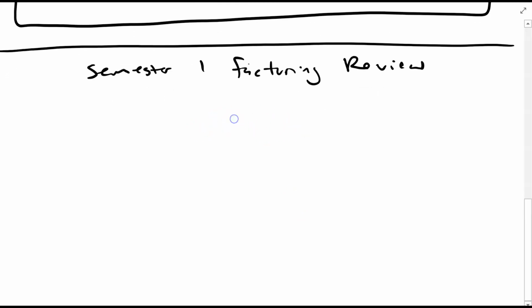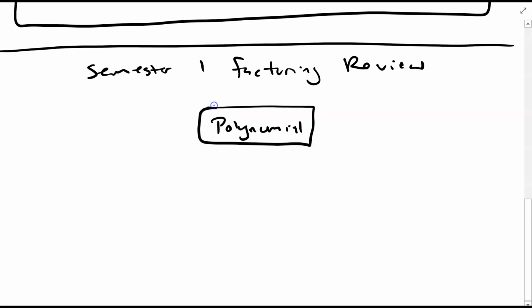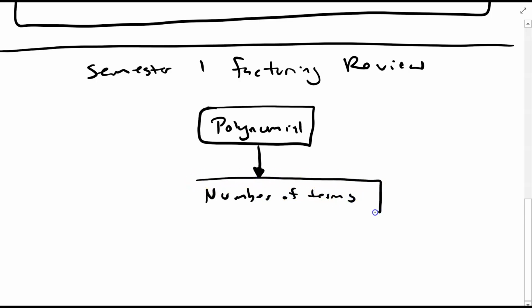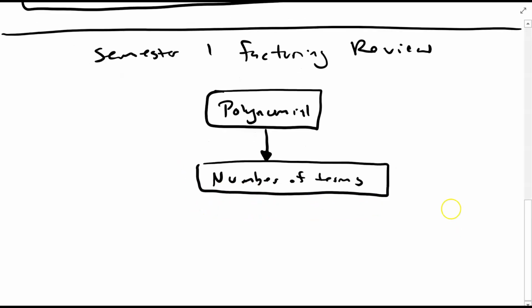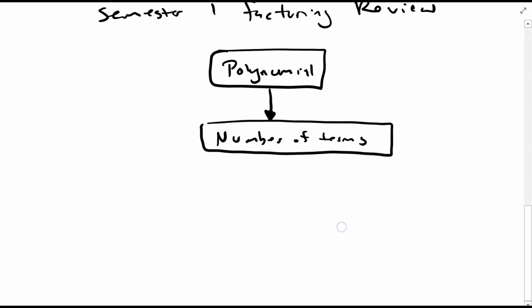So worth remembering that when we drew this, I encouraged you guys to turn your paper landscape style, because this factoring tree gets wide, but it doesn't get too terribly deep. So the first thing that we do is we look at the number of terms that our polynomial has.